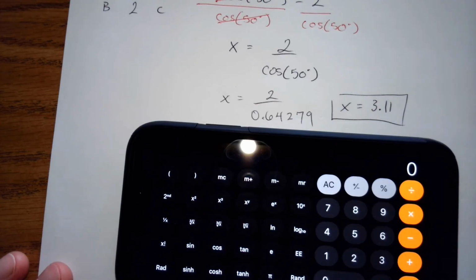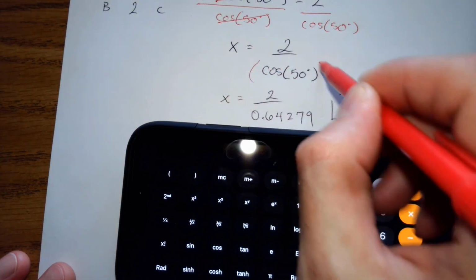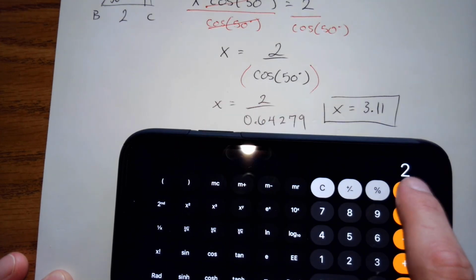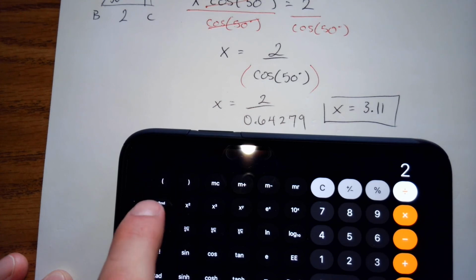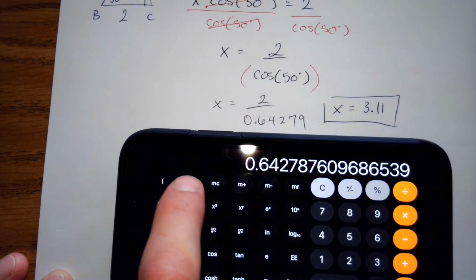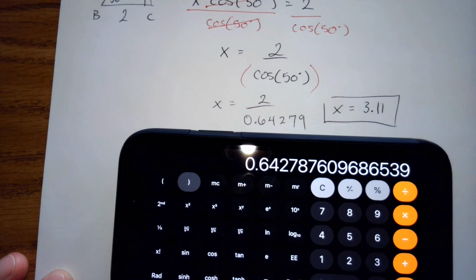So you're basically just putting parentheses around this when you type it into the calculator. So you can do it all in one without writing this number down.